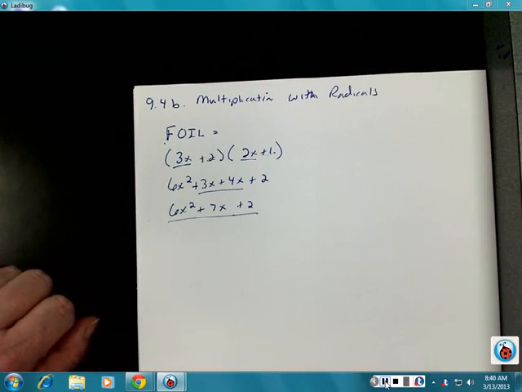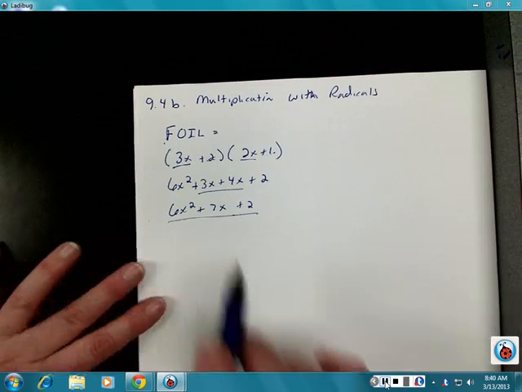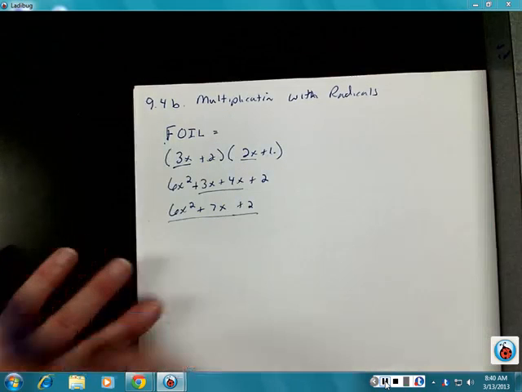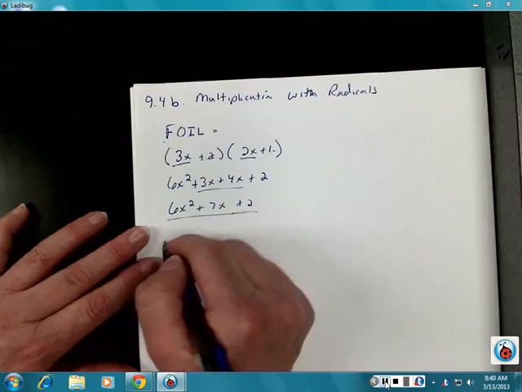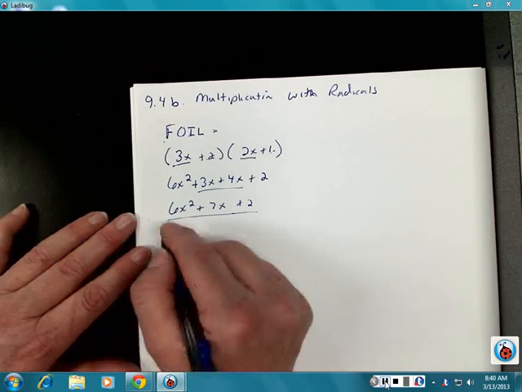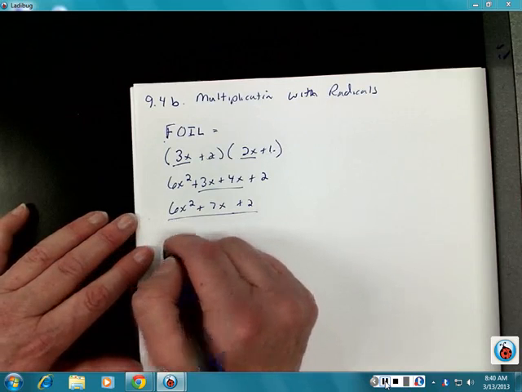All right, but right now that was the piece that we did with that. Now the difference with radicals is that, of course, you're going to have radical pieces that are involved with this foiling. So to start out, and maybe in a little simpler manner, we're going to multiply by a monomial first, and a monomial, of course, means a single term.